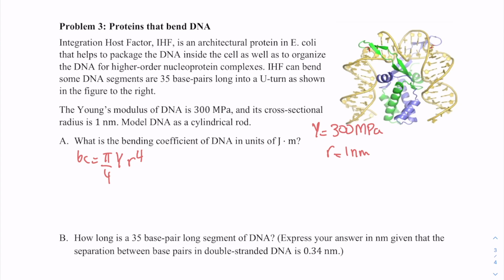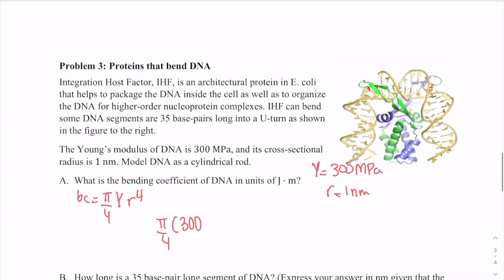So pi over 4 times Young's modulus, which is 300 megapascals, and we have to convert that to pascals. This is where I forget stuff. I know my units downwards, but I forget them going upwards. Kilo is 10 to the third. Then mega, is that 10 to the 5th?